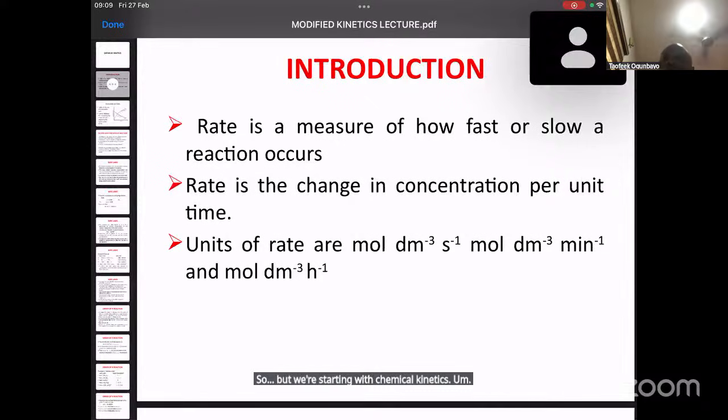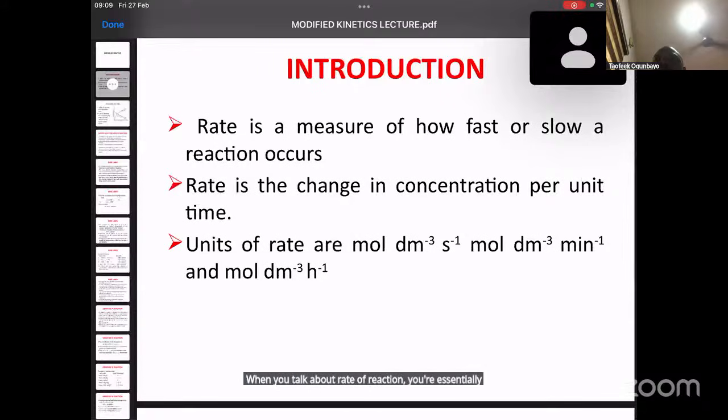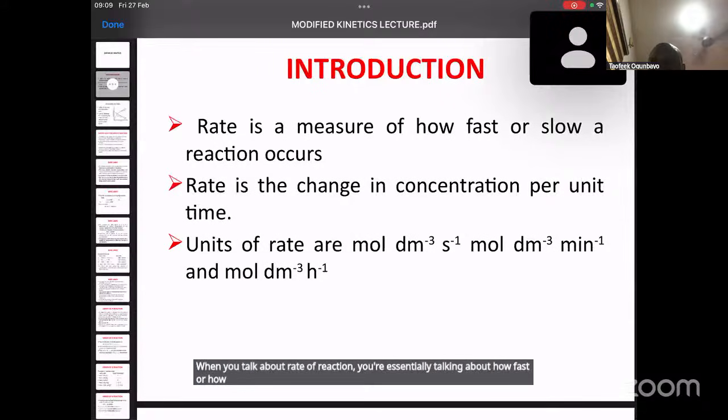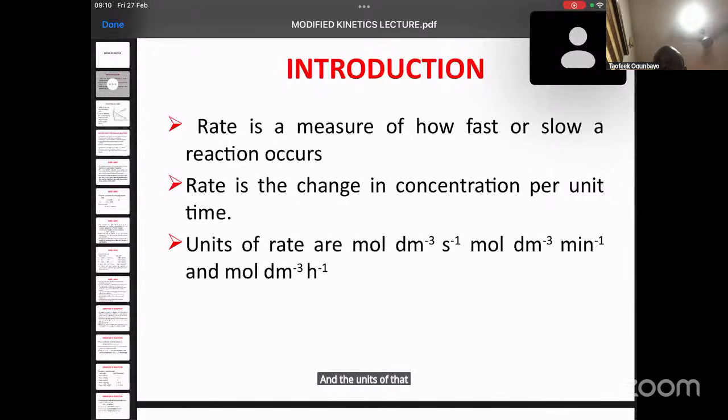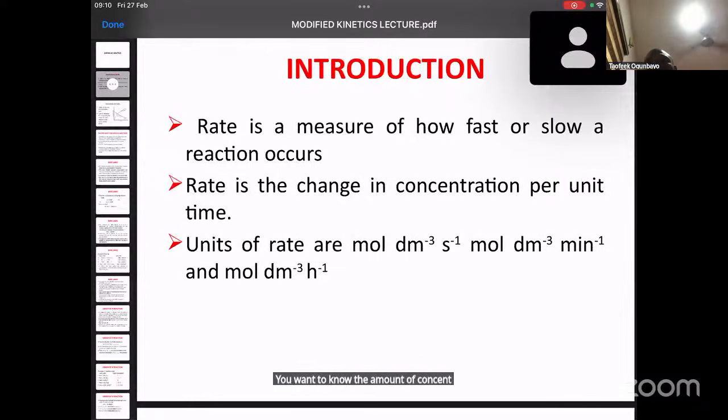We all know that when you talk about rate of reaction, you're essentially talking about how fast or how slow a reaction is. And the unit of that measurement is concentration per unit time. It depends on the unit of your concentration and the unit of your time, because you want to know the amount of concentration consumed per unit time.